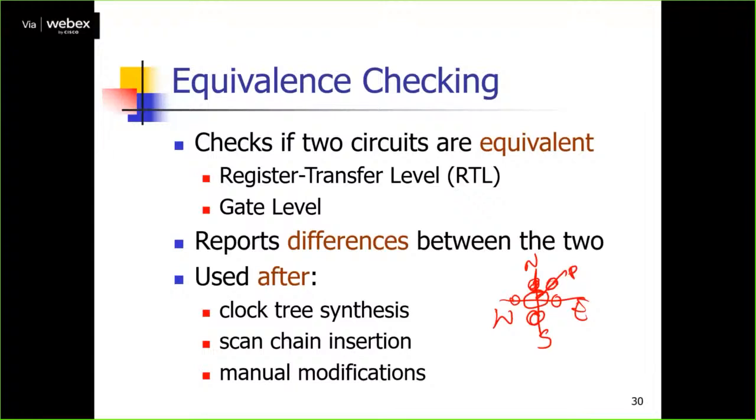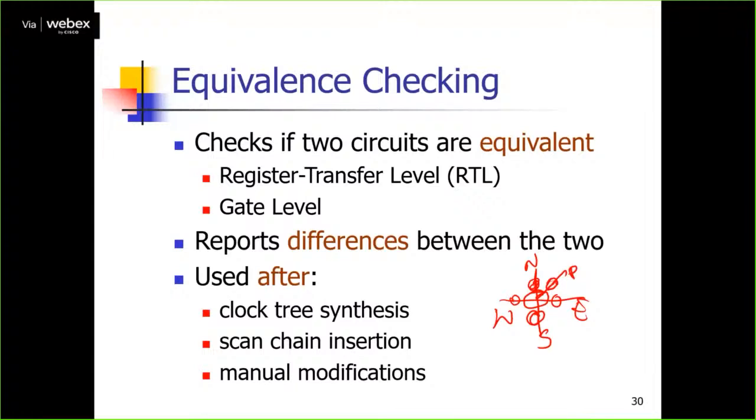Equivalence checking normally checks if two circuits are equivalent, as we stated, the reference to a modified model. We can have RTL to RTL, RTL to gate, gate to gate testing. So it checks the circuits at two different levels, one at the RTL level, the second at the gate level.